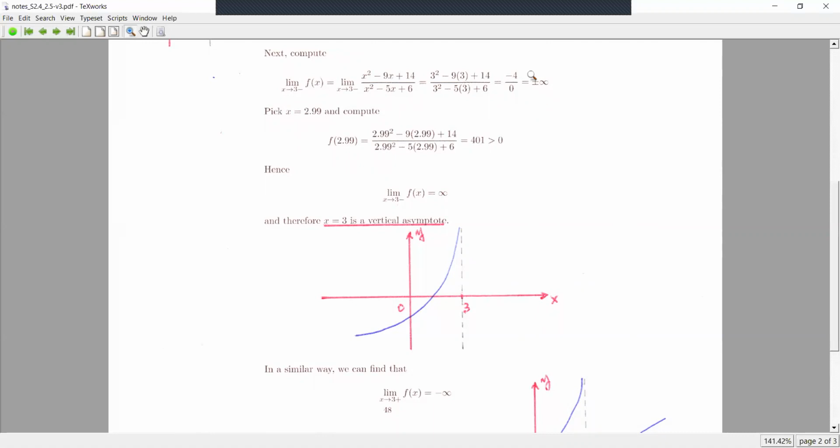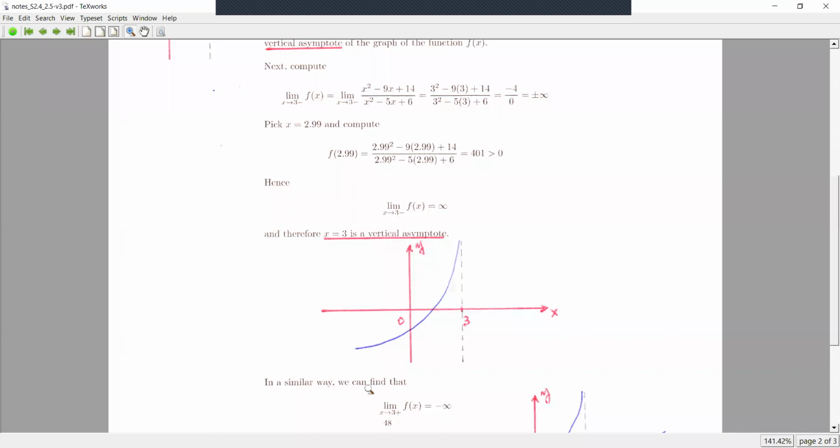Therefore, this infinity is a positive infinity. So when x approaches 3 from the left side, the function approaches infinity. On the left of point 3, the graph goes up to positive infinity. Therefore, this vertical line is a vertical asymptote.